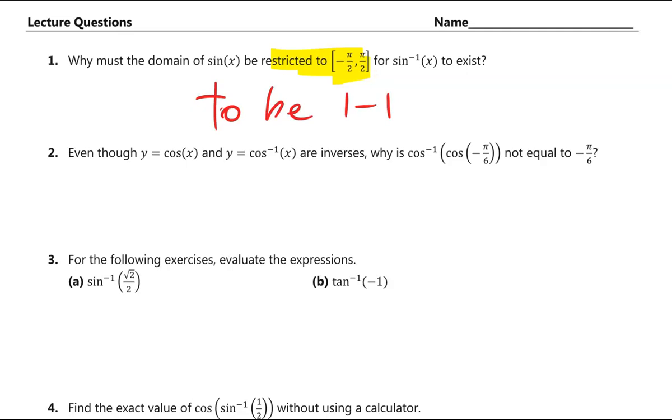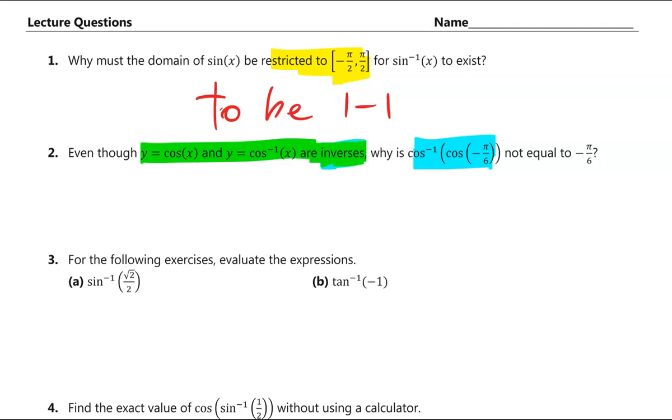Even though y equals cosine x and y equals inverse cosine x are inverses, y equals inverse cosine of negative pi over 6 is not equal to pi over 6. Why not?